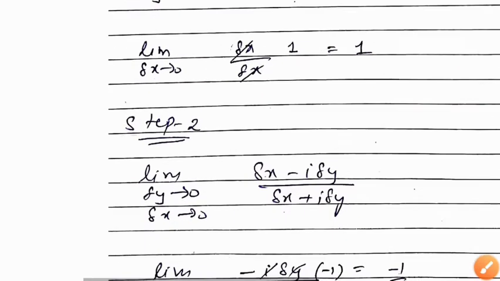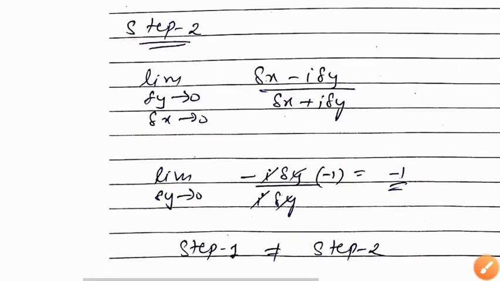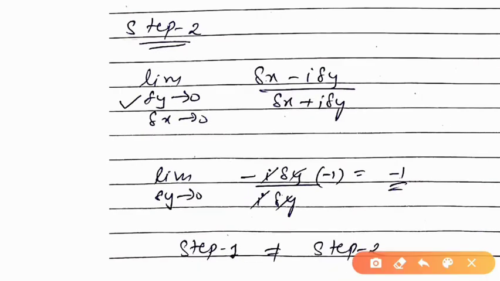Now the next step will be delta y tends to 0 and delta x tends to 0. So delta x I will put first of all 0. So these both terms will become 0. You get limit delta y tends to 0, minus i delta y upon i delta y. These both will get cancelled, so you get minus 1.